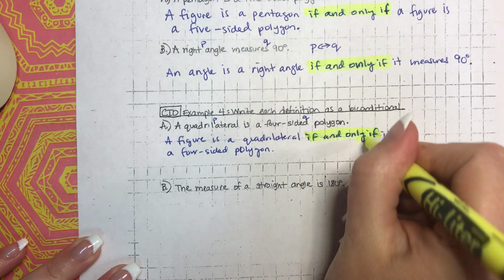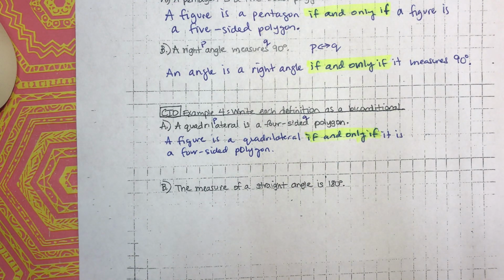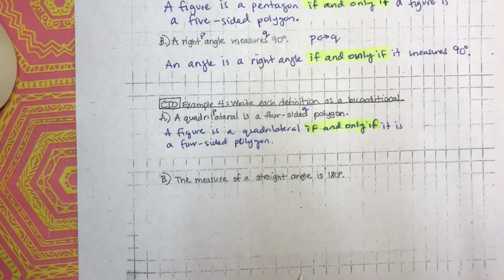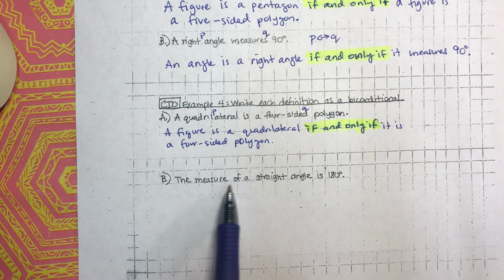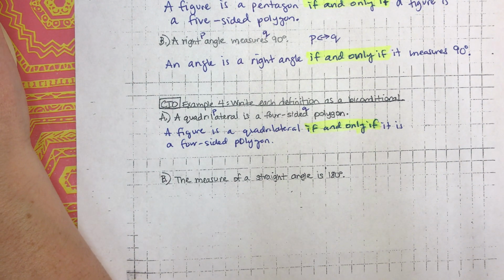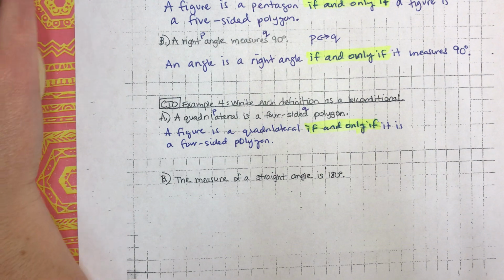Okay. Let's do the last one right here. It says the measure of a straight angle is 180 degrees. So what do we have there?